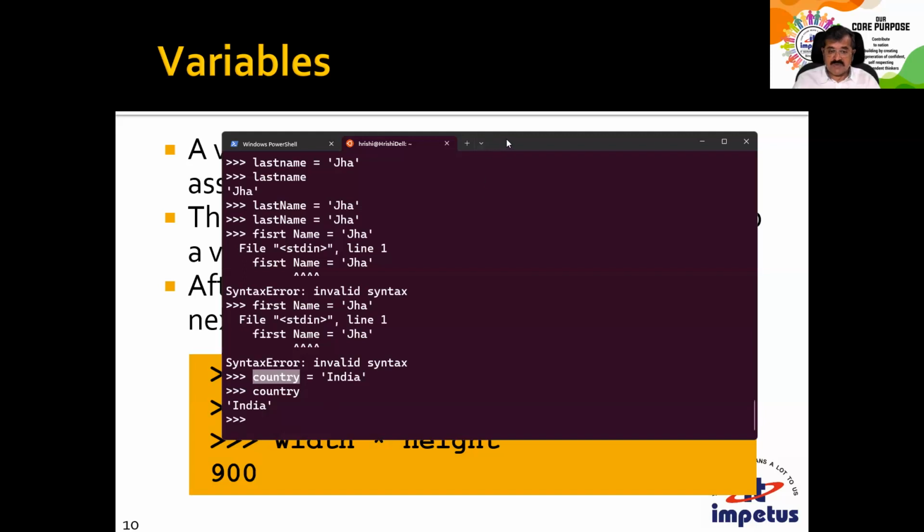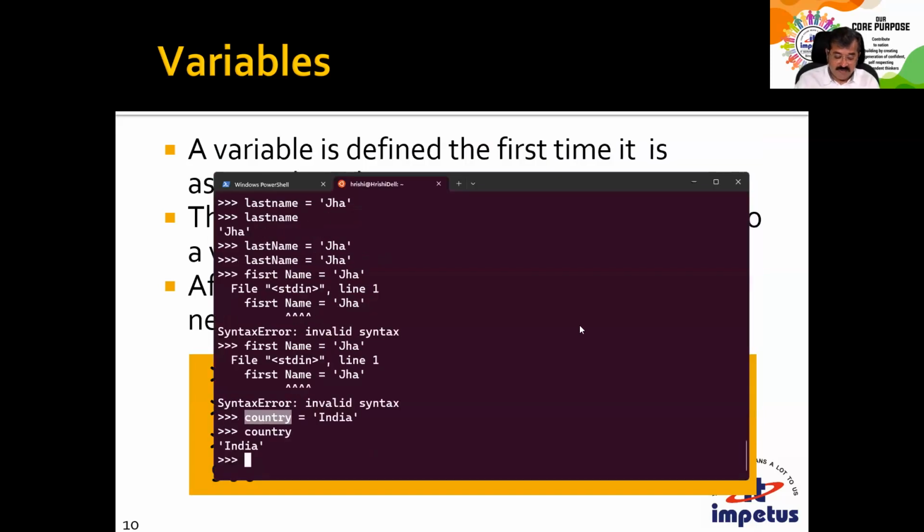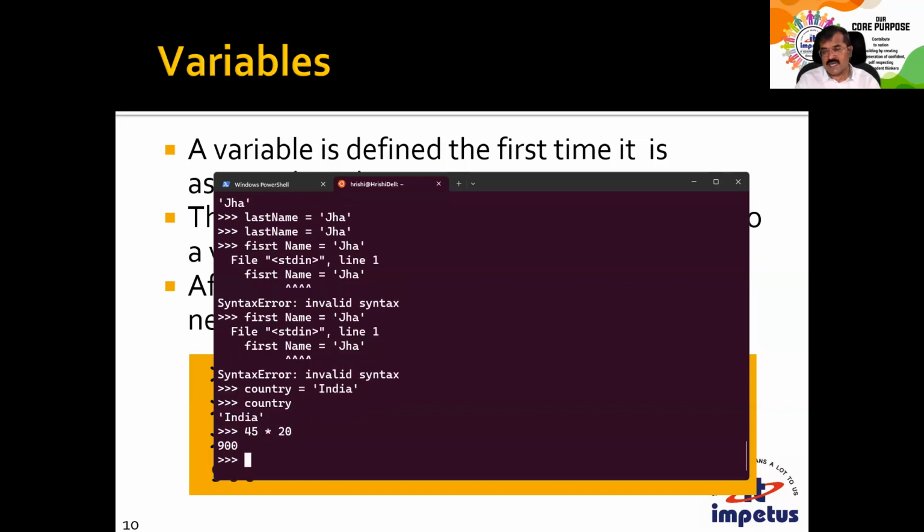Likewise, suppose I'm carrying out some operation and I write something like 45 into 20. You got the answer 900, but that did not mean anything to us.